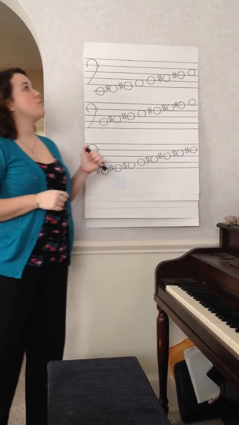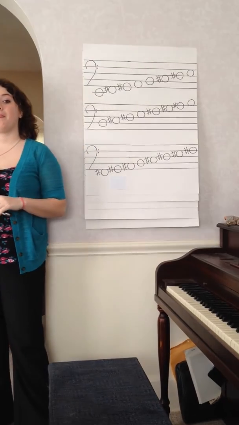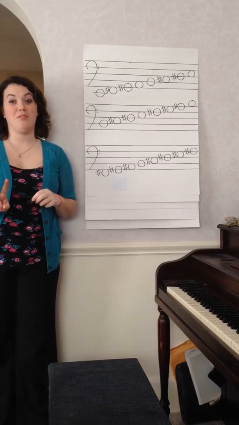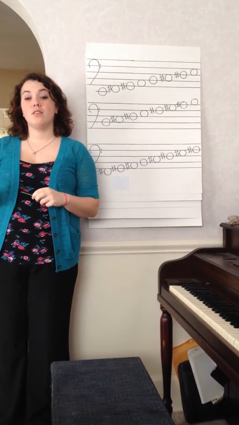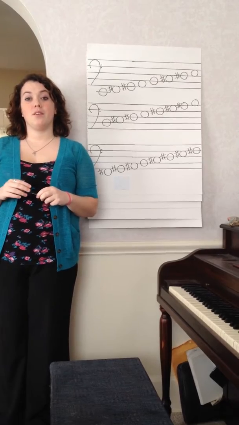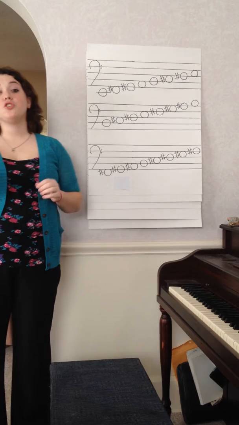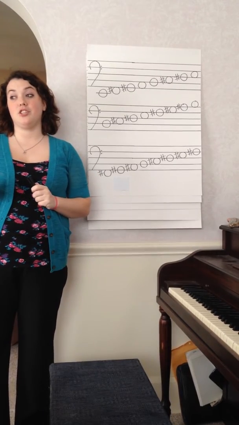How many sharps does D major have? 2. All right. Do we need to review that at all? I'm just putting in my notes. Okay, good. All right, and the 2 sharps that D major has is F sharp and C sharp.